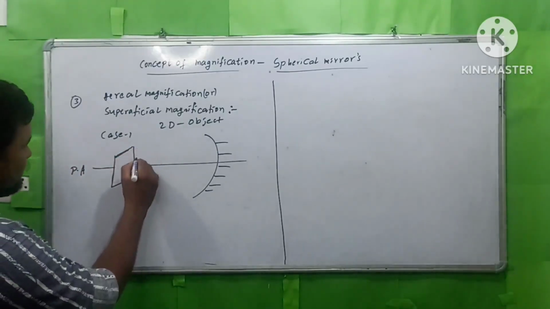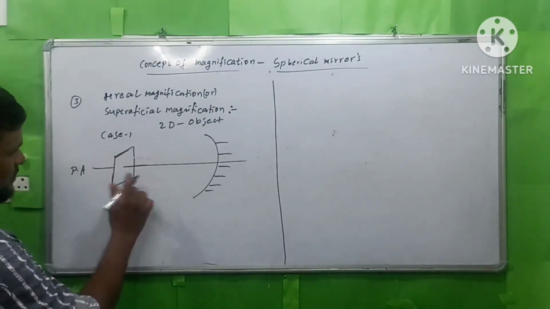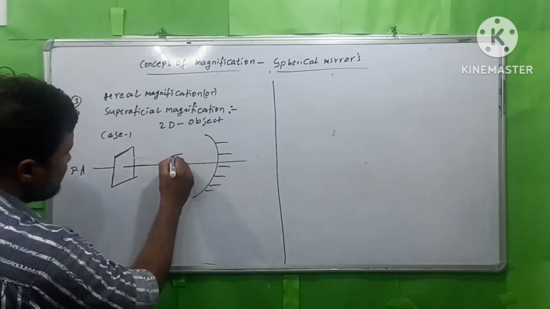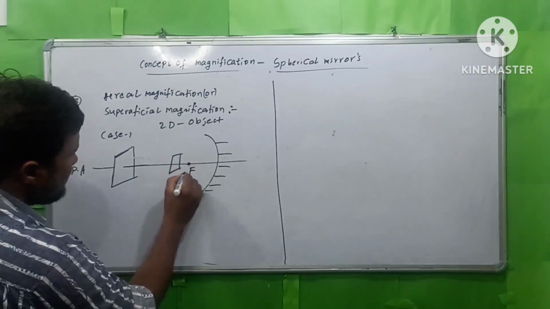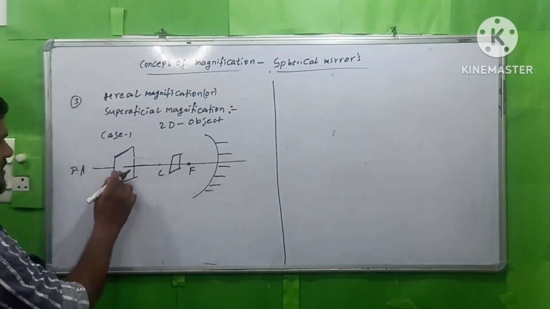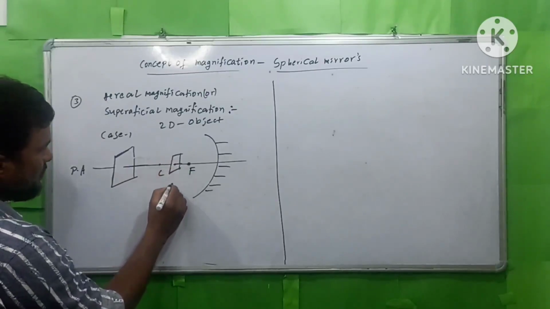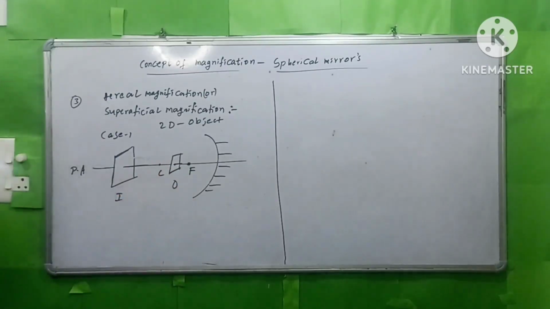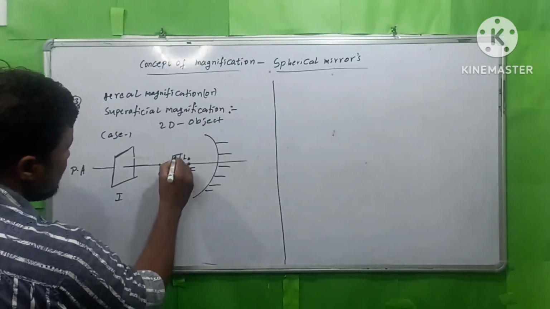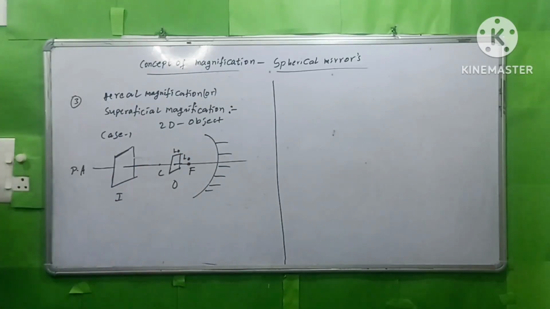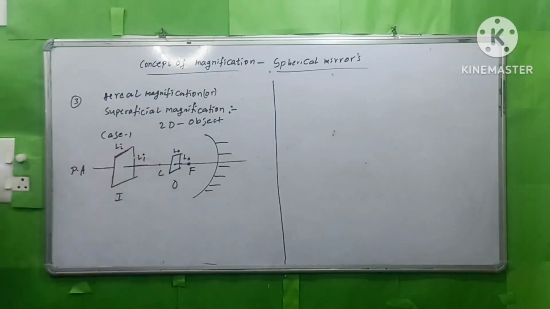If you observe, this is the principal axis, and the object is kept perpendicular to it. The object is kept between the focus and the center of curvature, and the image is formed here. This is the length of the object and the length of the image, and this is also the length of the image.